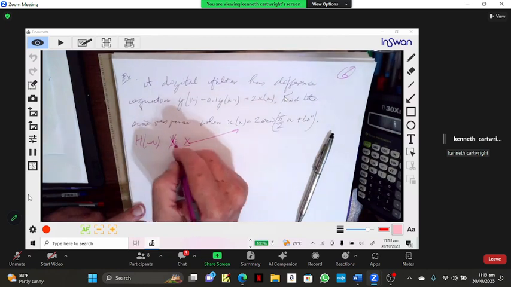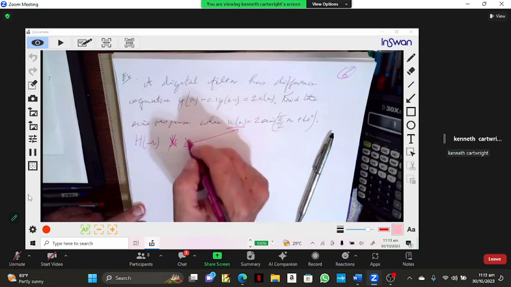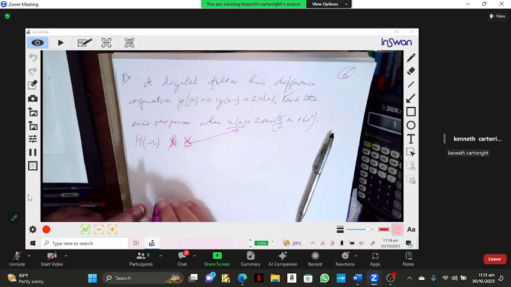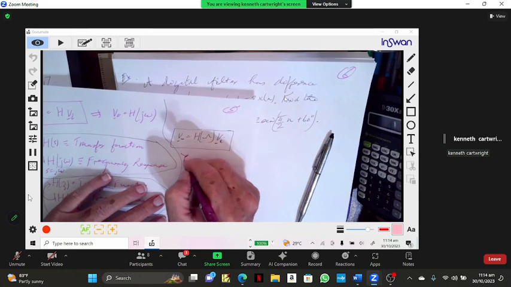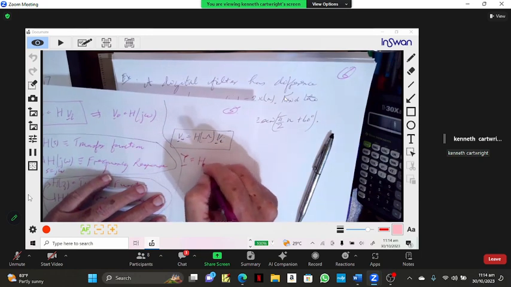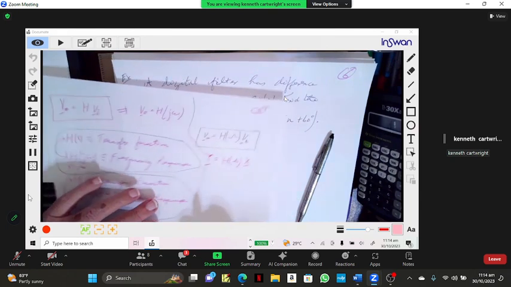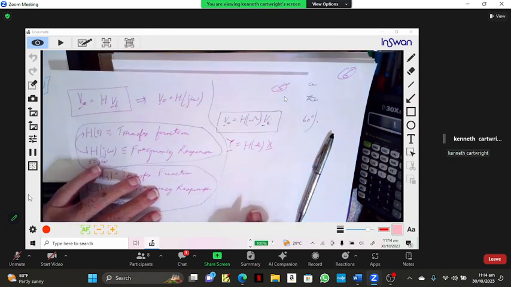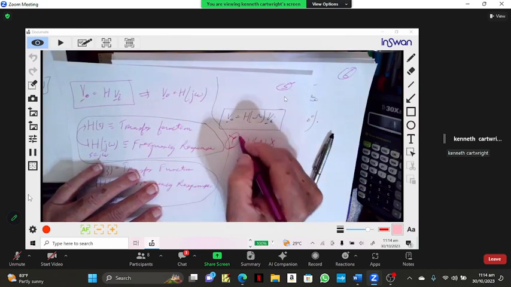The time domain is x of n, and the phasor domain is the x phasor. So this equation here is better written Y phasor equals H of omega times X phasor, because Y phasor is the output phasor and X phasor is the input phasor.